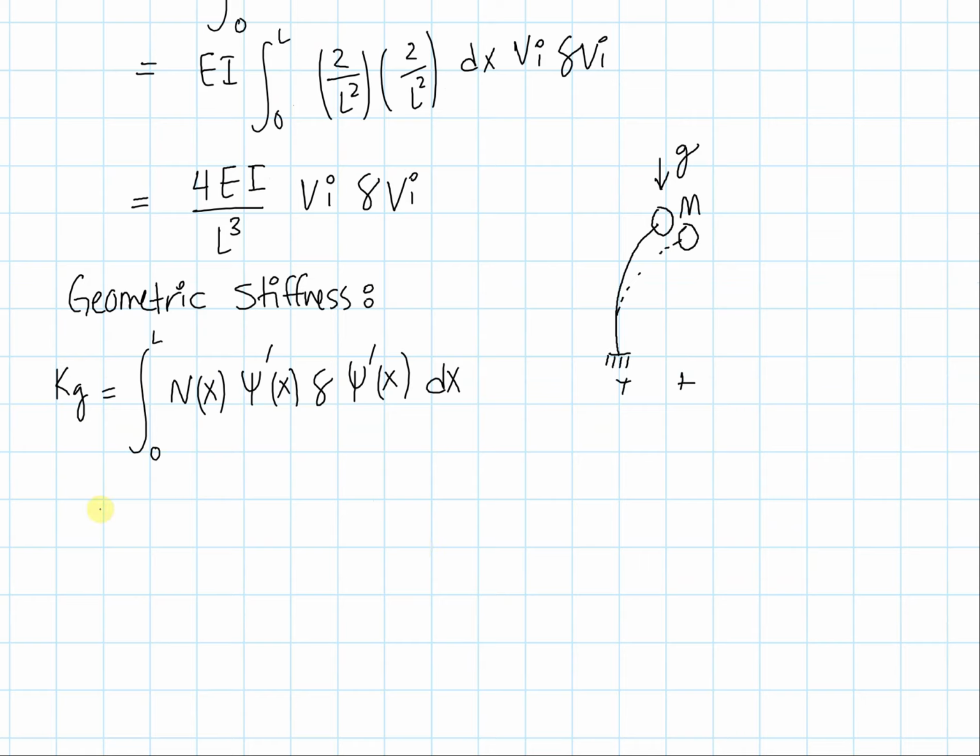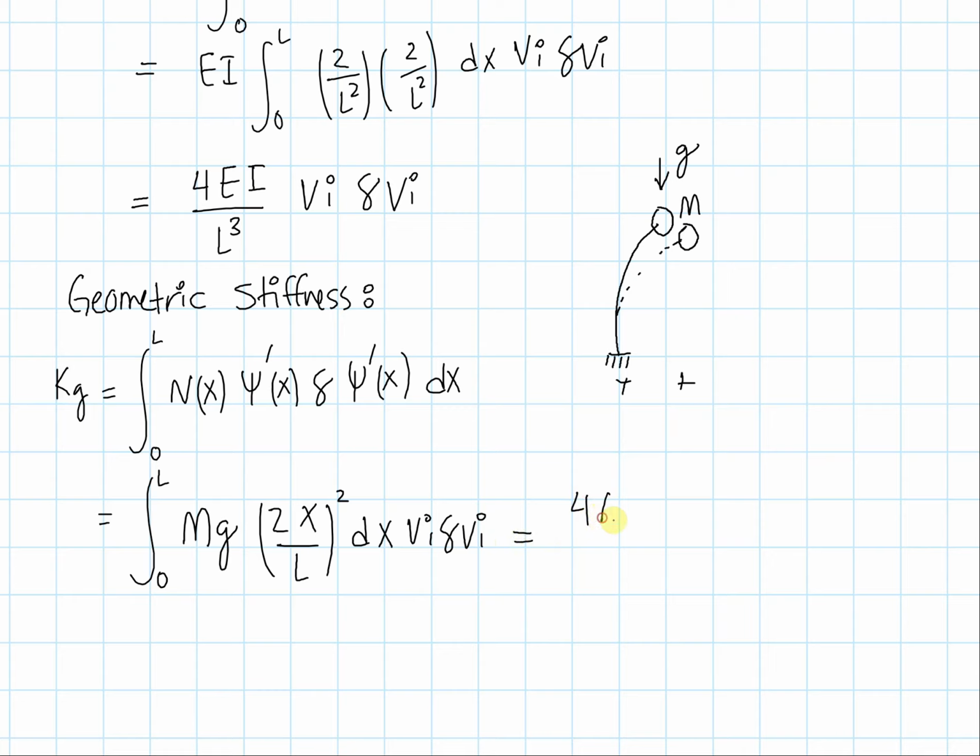And the force that is being applied by the tip mass here is described by mg. And I plug in the rest of this equation in, and I have 2x over L squared dx. And so when we complete the math, we should end up with 4mg over 3L. So that's what we end up with.